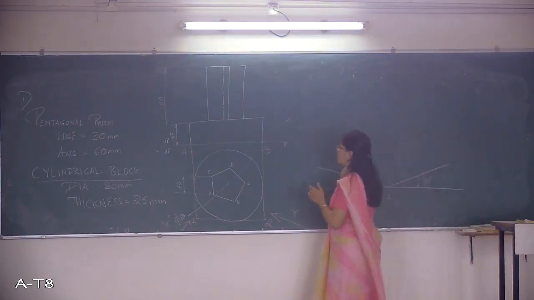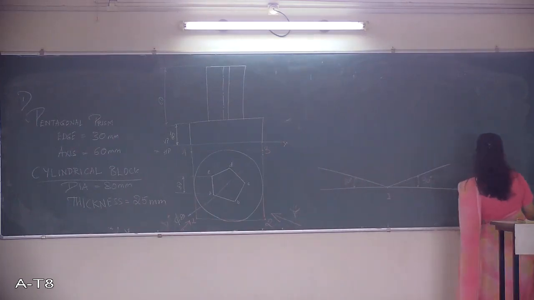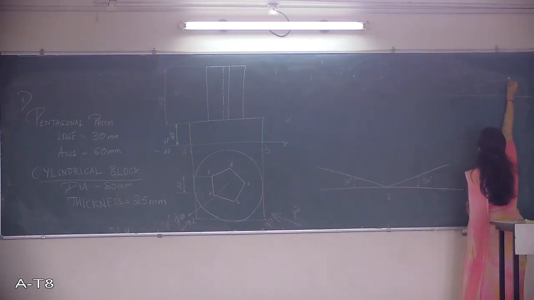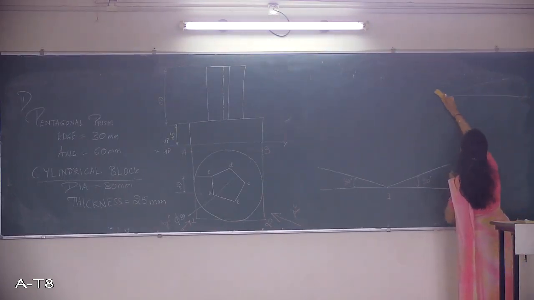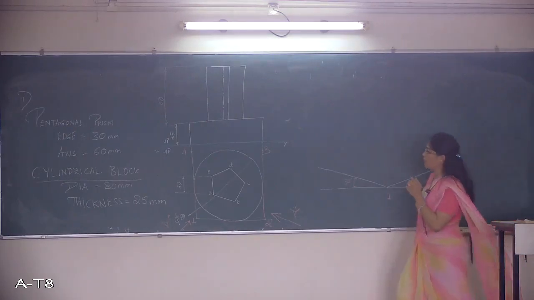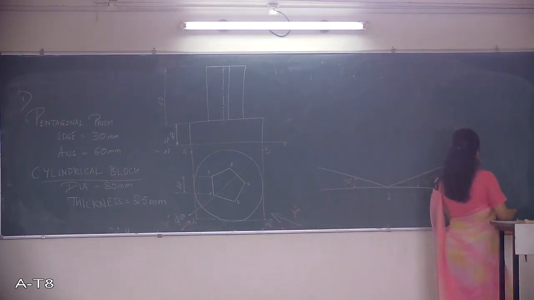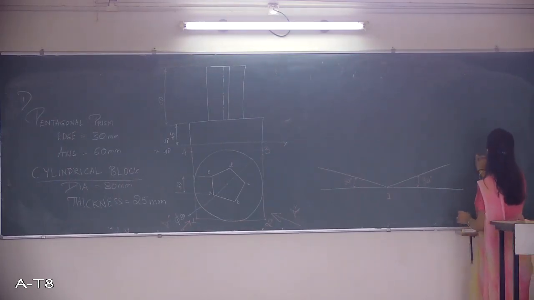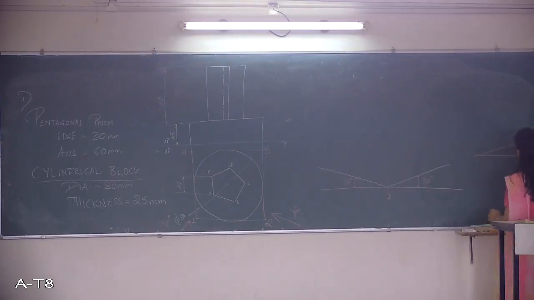First, in order to get the isometric projections, I have to get the ISO scale drawn. So here you will see the ISO scale. We have already known what this ISO scale is. This has an angle of 30 degrees and this has an angle of 45 degrees.